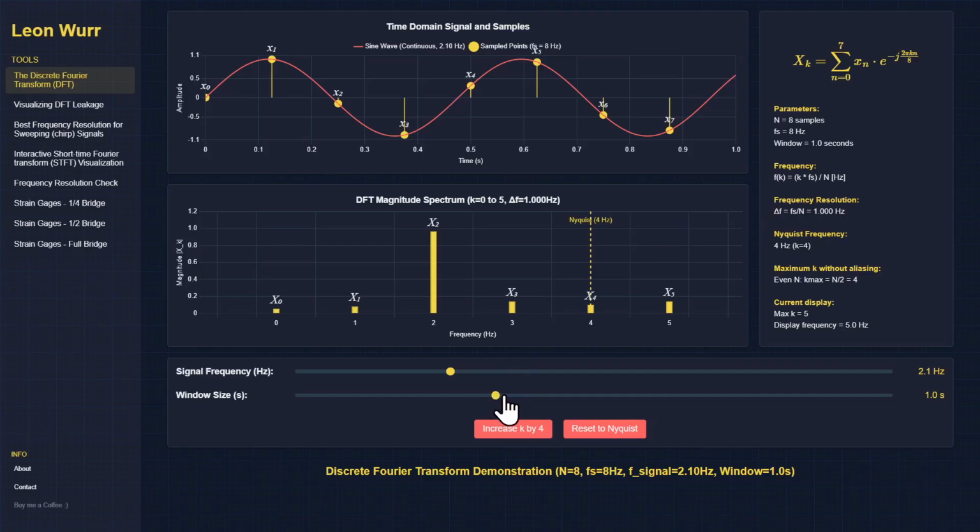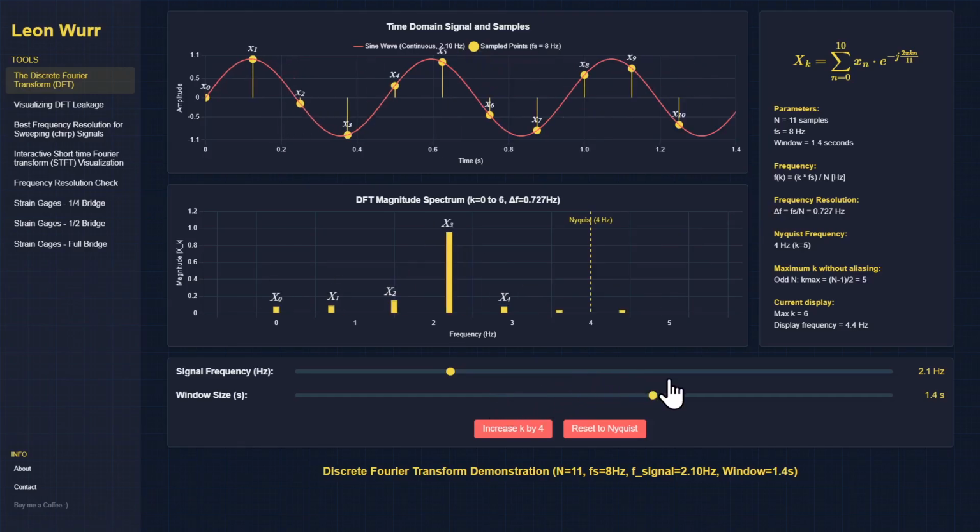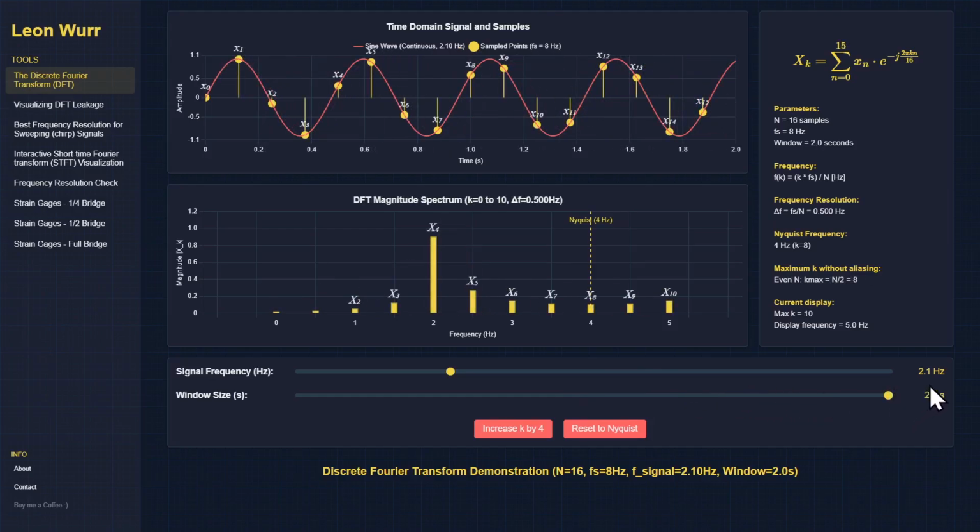If I change the number of samples by increasing the length of my observation window, I increase it to 2 seconds. Here, I have double the amount of samples. So now I have one DFT bin every 0.5 Hertz, and this is what you see here in this frequency resolution parameter.